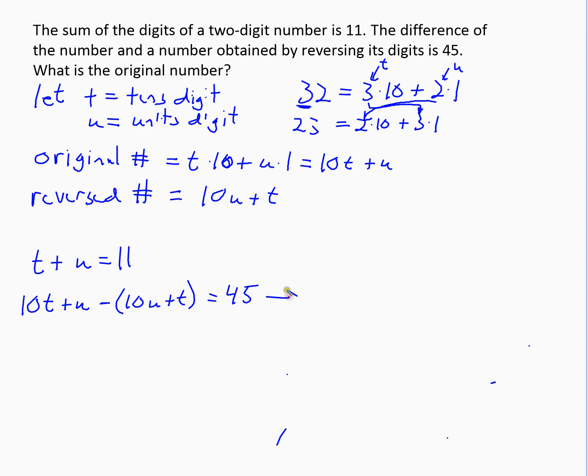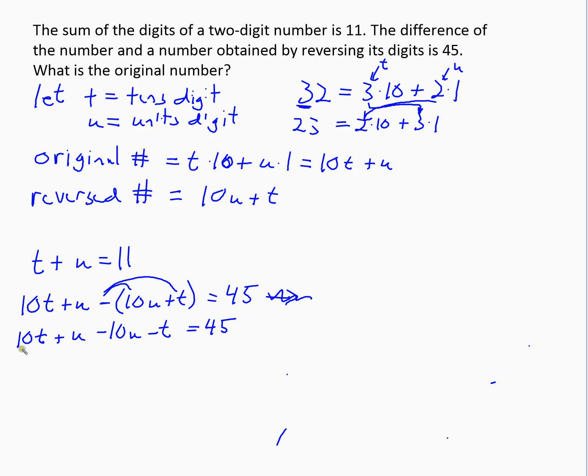So let's simplify this one. We have 10t plus u, distributing the negative, minus 10u minus t equals 45.